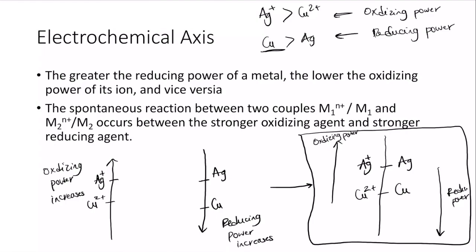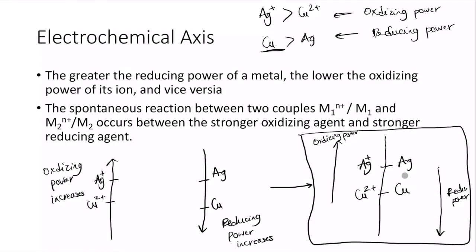Now the spontaneous reaction, this is important here. The spontaneous reaction between the couples Mn+/M, these are the two redox couples, and another metal couple, occurs between the stronger oxidizing agent and the stronger reducing agent. How does this happen?